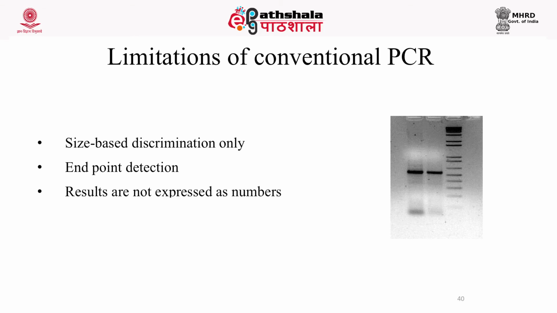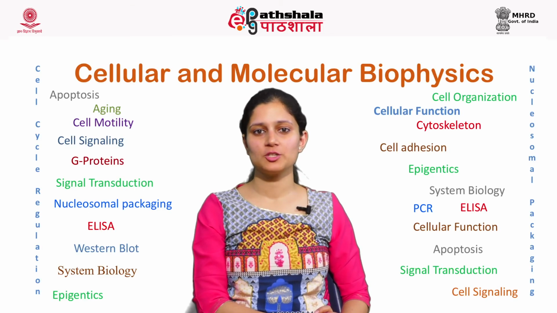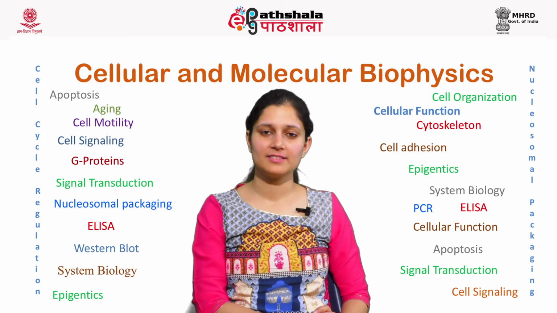The results are not expressed as numbers and we have to do a gel run to find out if our PCR was successful or not. The double-stranded DNA dye, which is utilized for quantification of conventional PCR, is ethidium bromide, and ethidium bromide staining is semi-quantitative. An improvement over the conventional PCR is the real-time PCR.